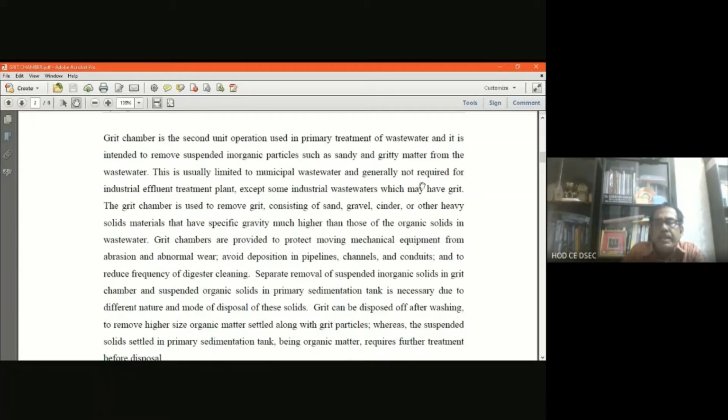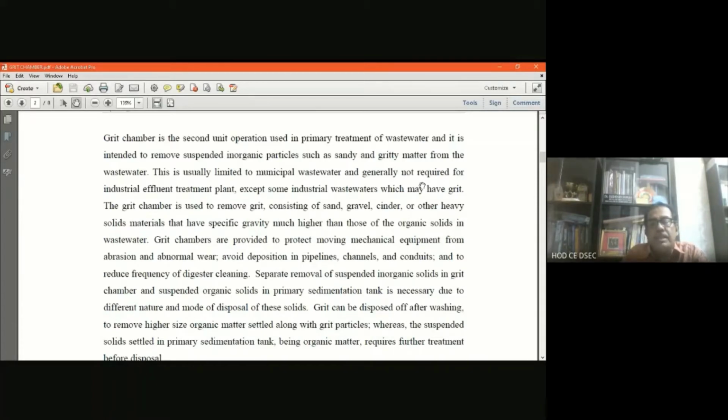So this is the second unit operation in the preliminary treatment of wastewater, and it is intended to remove the suspended inorganic particles, mostly sand and grit matter, from the wastewater. Now, this is basically limited to municipal wastewater, but if we talk about industrial wastewater, this type of grit chamber may not be required.